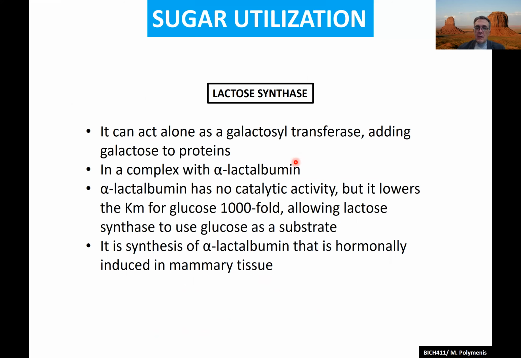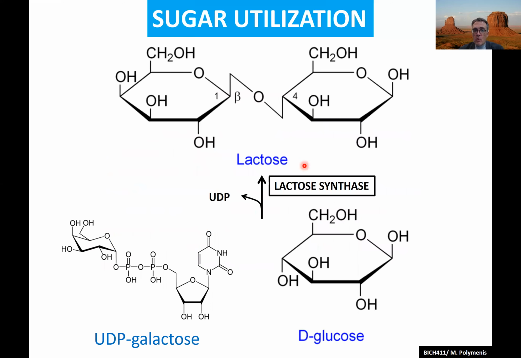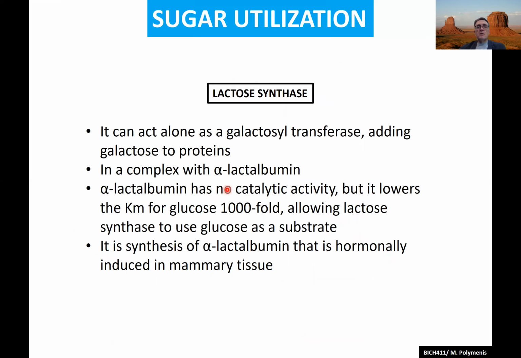It is found in a complex with another protein. So lactose synthase is actually galactosyltransferase plus another accessory protein, called alpha-lactalbumin, which by itself has no catalytic activity, but what it does is lower the Km for glucose. So the galactosyltransferase activity uses glucose as a substrate, extremely easily.